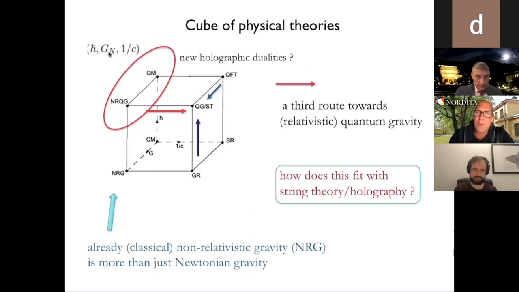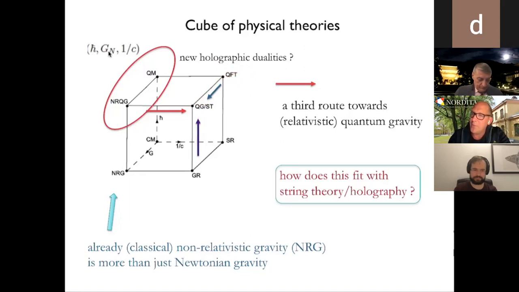But if you think about it, most of our thinking about quantum gravity or string theory approaches it either from the quantum field theory side. We ask ourselves the question, how can we include gravity effects starting from quantum field theory without gravity?